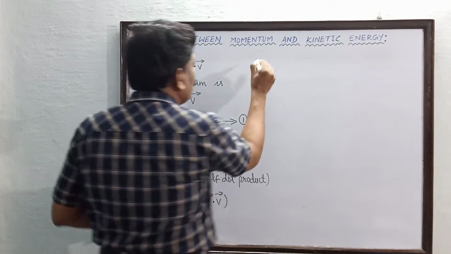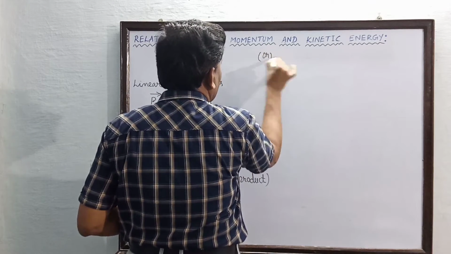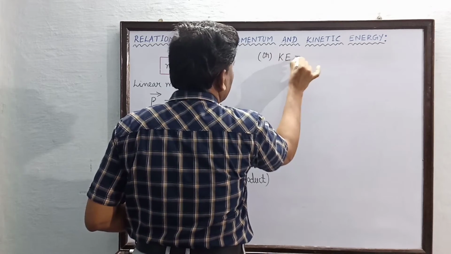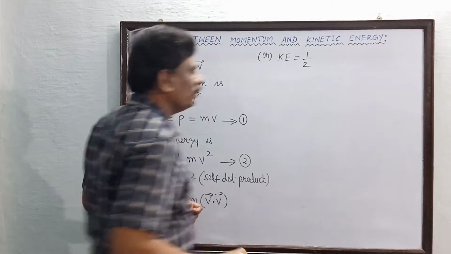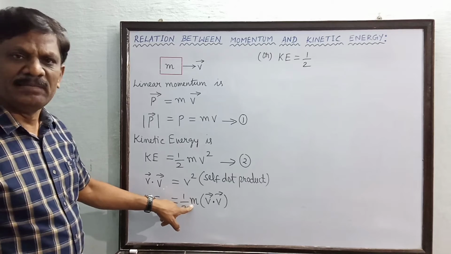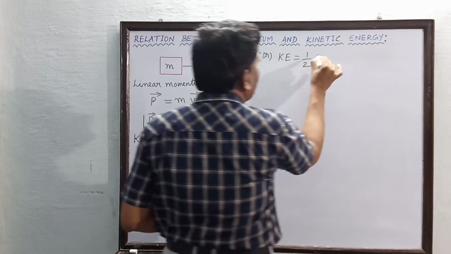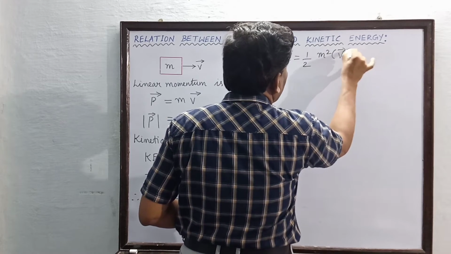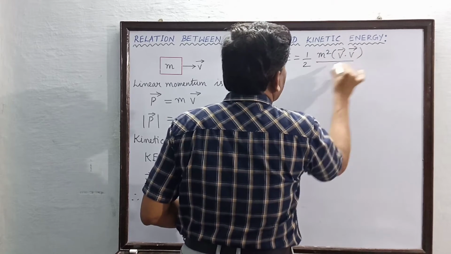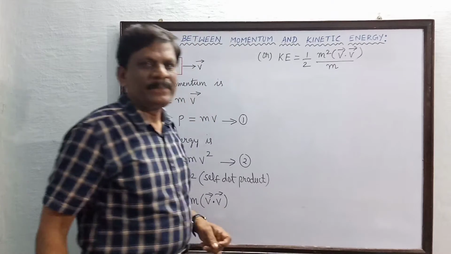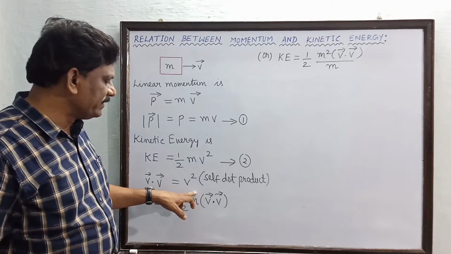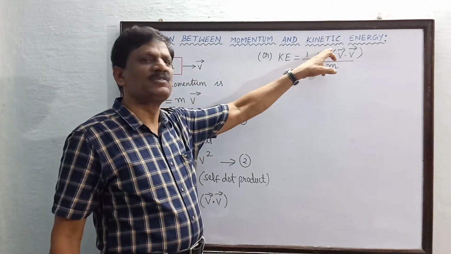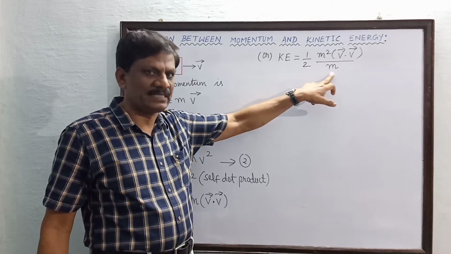Now I am going to multiply in the numerator as well as the denominator by the mass of the body. So the next step is, our kinetic energy is equal to 1 by 2 into, this is the m term here, I am going to multiply by m so that it becomes m square into v dot v, whole divided by m. I have adjusted the terms. So this m is multiplied by m and becomes m square, so I have to divide by m once again.